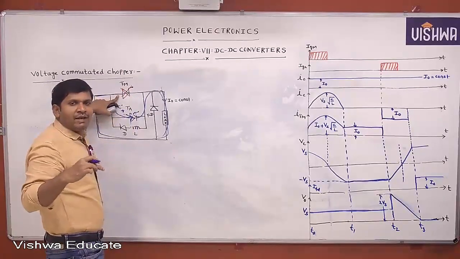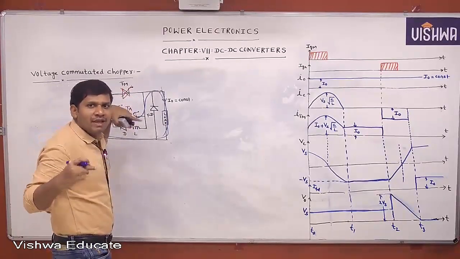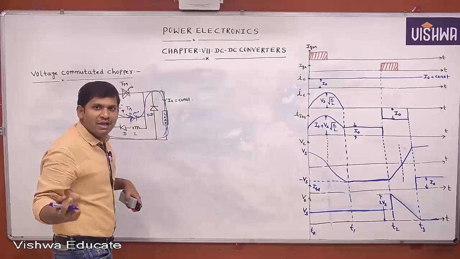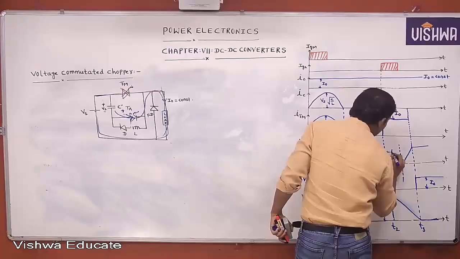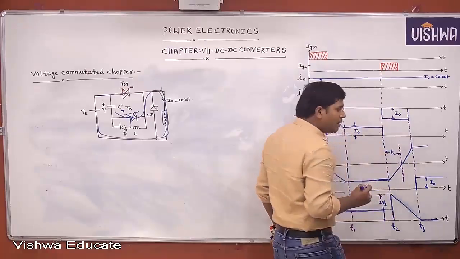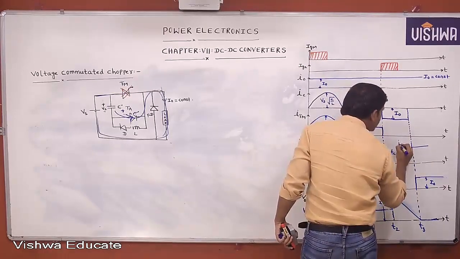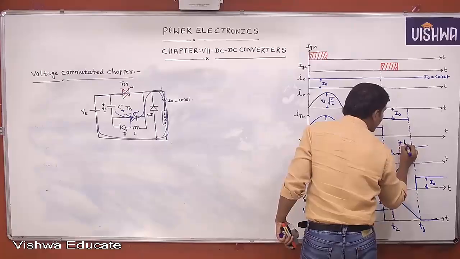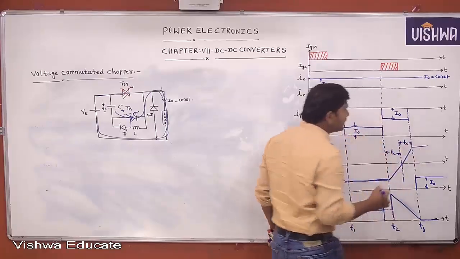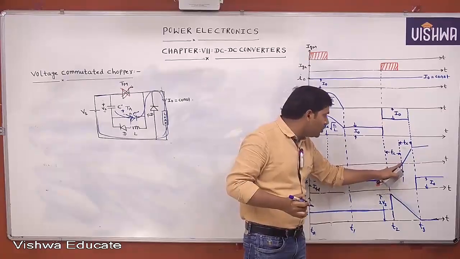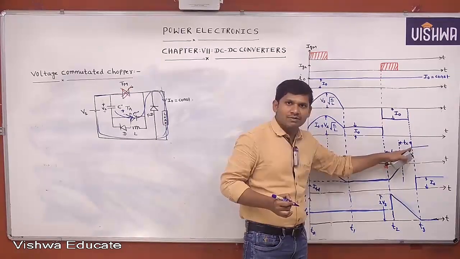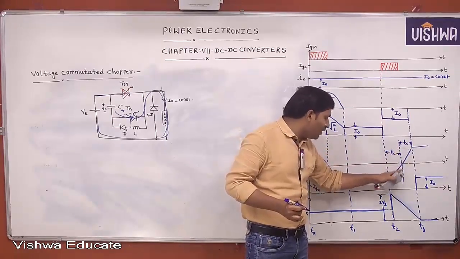The time for which a reverse voltage is applied across the main thyristor or main device is nothing but which time? Circuit turn off time. That's why this is Tc. Because of symmetry, this time is also taken as Tc. Minus Vs to 0, whatever time is taken, from 0 to Vs the same time is taken because of symmetry.